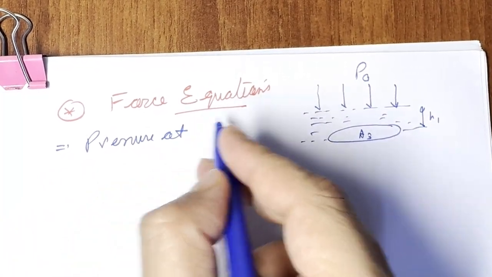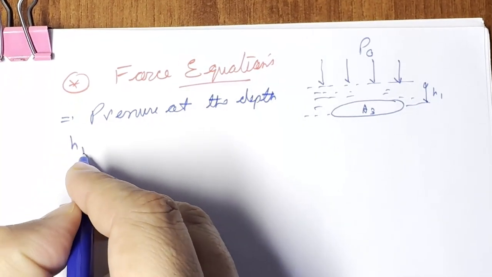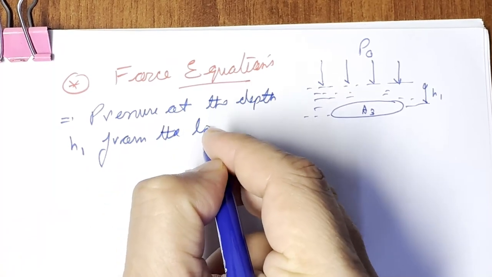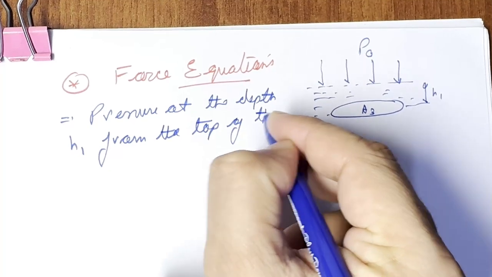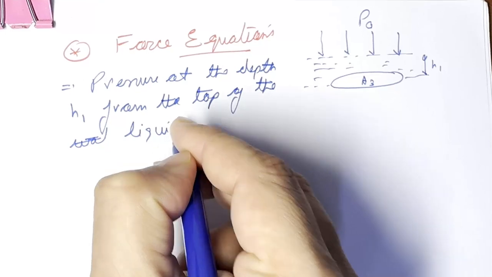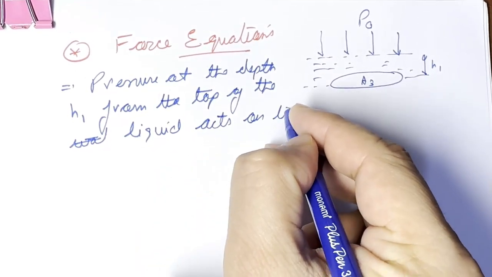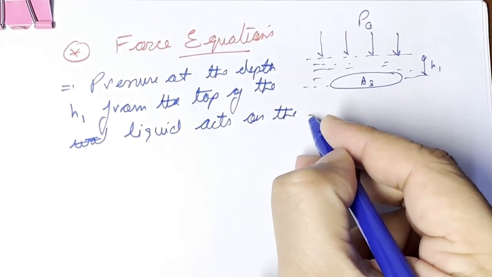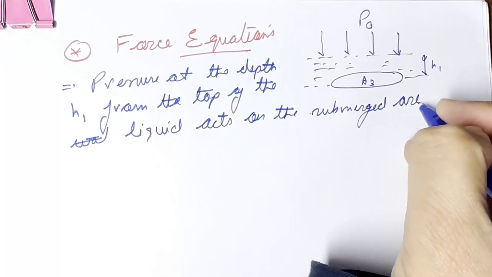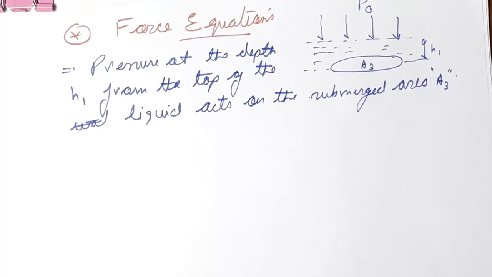So we can say pressure at the depth H1 from the top of the given liquid acts on the submerged area A3, or we can say the cross-section area of the cylinder.